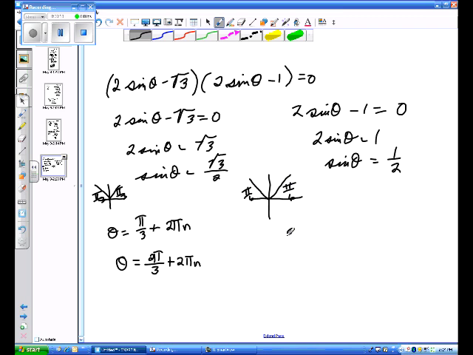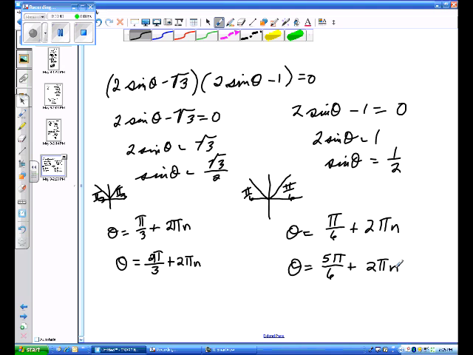So that means that theta could be pi over 6 plus 2 pi n, or theta could be, in the second quadrant, 6/6 minus 1/6, which is 5 pi over 6, plus 2 pi n. And that gives us all the possibilities. If we were doing it in degrees, we would simply add 360 in, and that would get all of our possibilities that way.